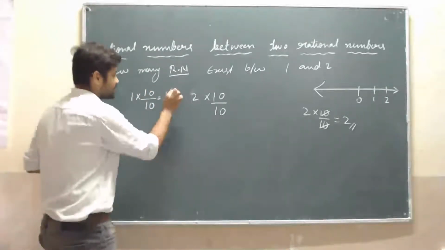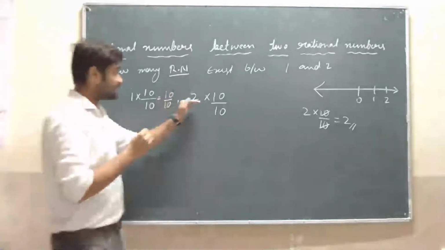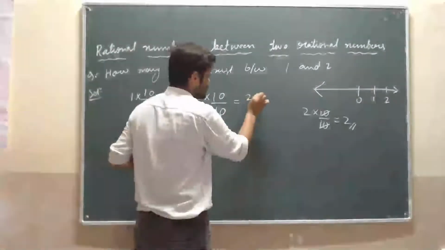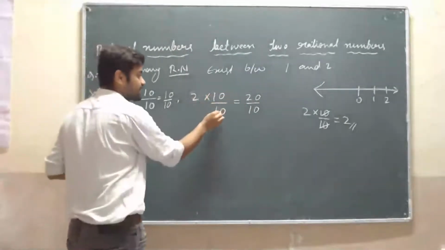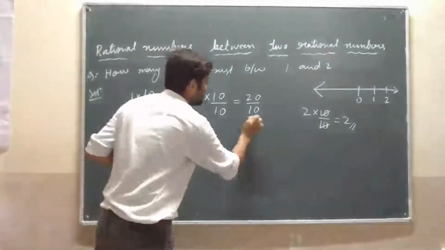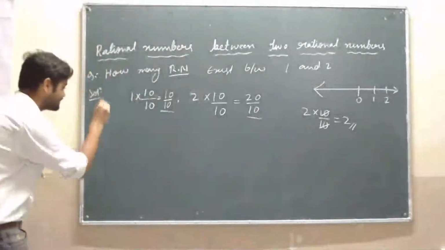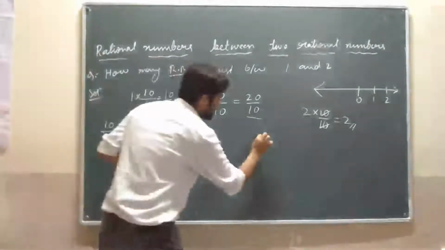Then it will become 10 by 10 and 20 by 10. See here, 2 tens are 20, 10 ones are 10. Now we have 10 by 10 as well as 20 by 10.